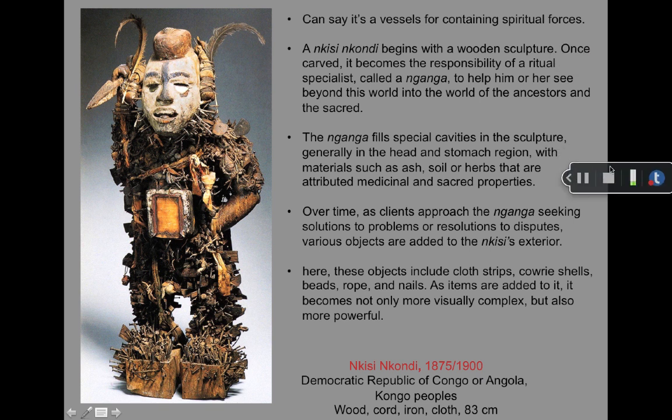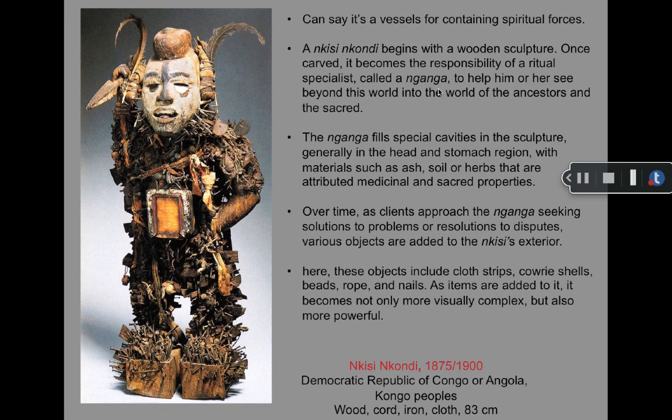So here we have a Nkisi and Kondai. This is a wooden sculpture. Once carved, it becomes the responsibility of a ritual specialist named Nganga, and that's the word you see here, and I'll repeat it a few times for you in the next few slides. But this would be the kind of person who was charged with taking care of such an object.